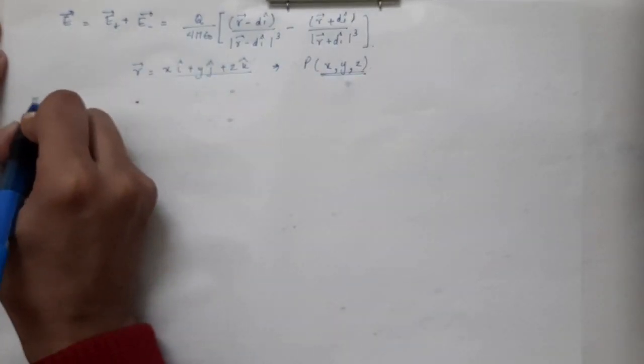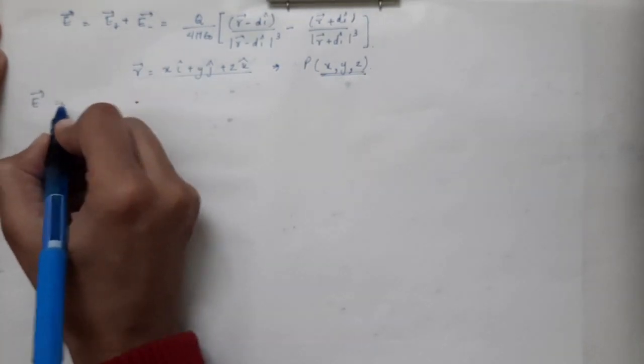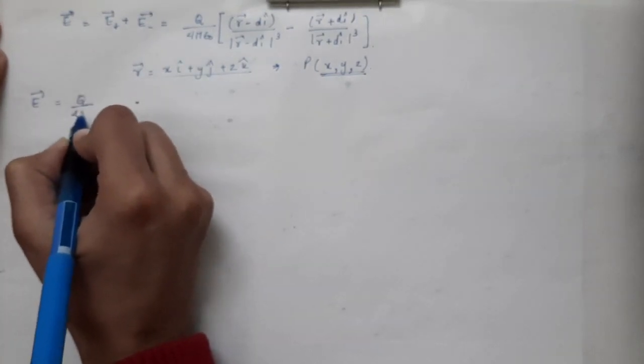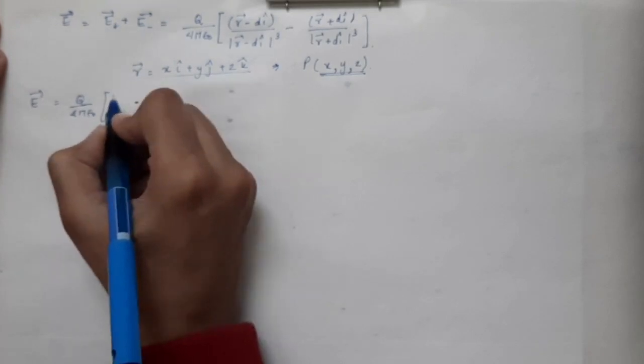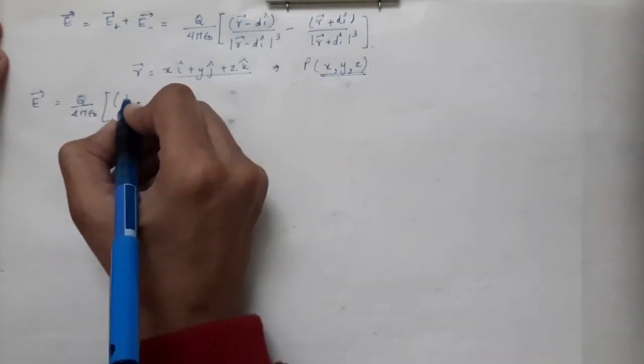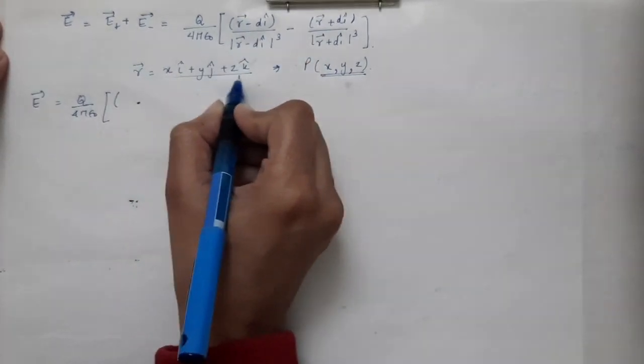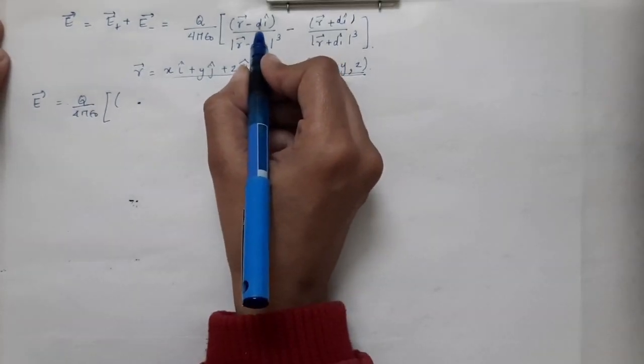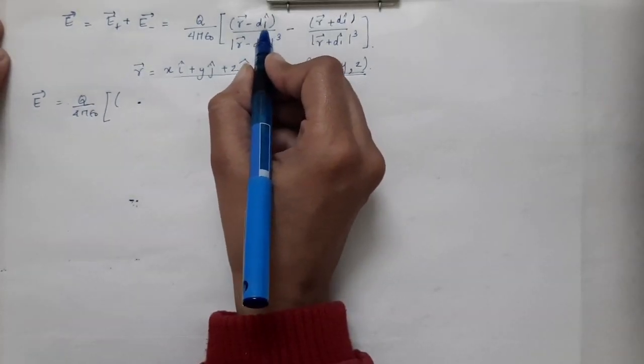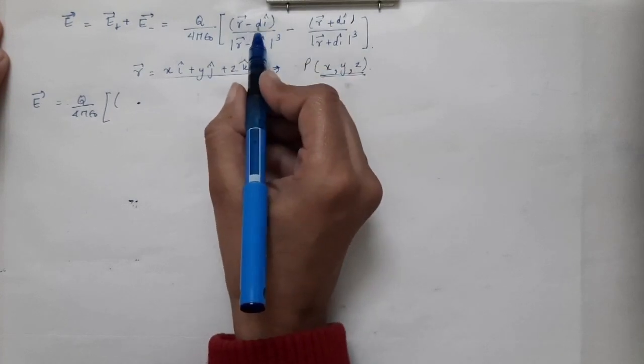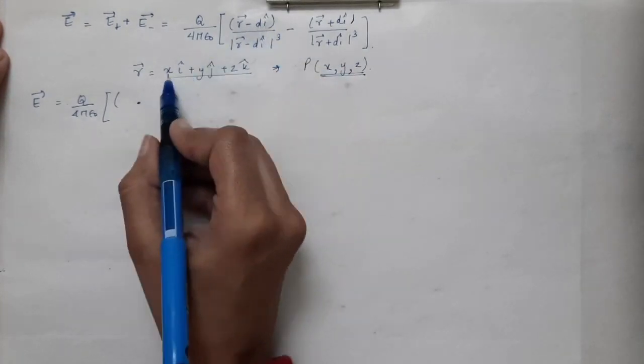So now we are going to put this expression of r vector in the whole expression of the electric field. So the electric field comes out to be equal to q divided by 4 pi epsilon naught. Instead of r vector we will write x i cap plus y j cap plus z k cap, and we have minus d i cap. So minus d i cap will remain as it is, and it will be clubbed with the x i cap.